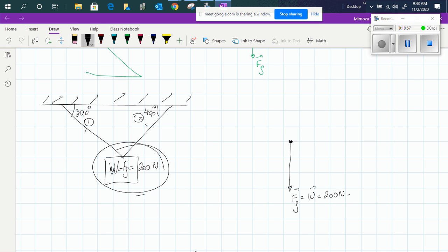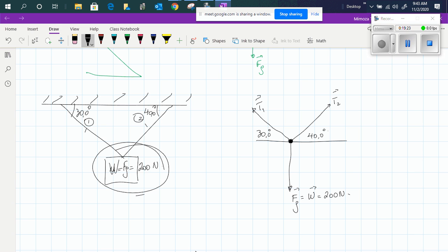For the tension, we start from the object going along the string, so this will be tension 2. And starting from the object going along the other string, this will be tension 1. The angles with the horizontal will be 30 for tension 1 and 40 for tension 2.